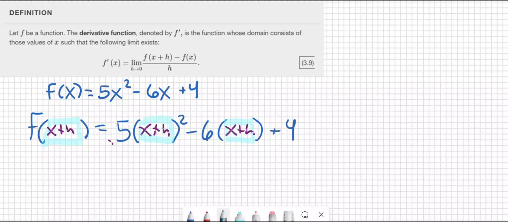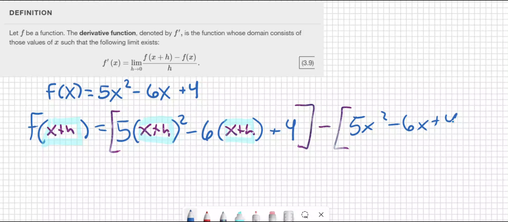So this whole thing is f of x plus h, and we need to subtract from that whole thing our original function, right? So that we fit this definition. So it is all of this minus the original function, which is 5x squared minus 6x plus 4.